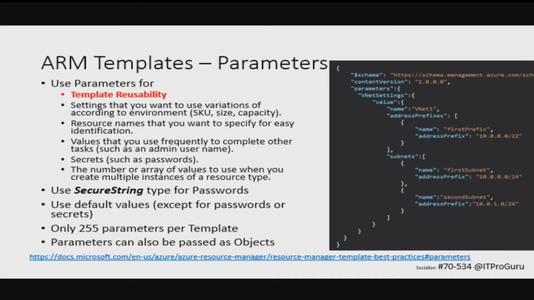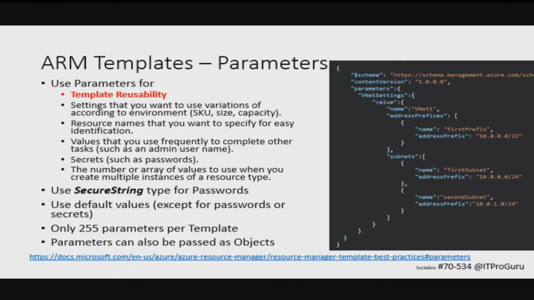So parameters are important for reusability, right? And that's going to be on the exam, which is, we're going to author an ARM template, and you want it to be reusable. You want to be able to let your developers create a new environment, or you have a new customer you sign up, you want to create a new environment for them. But you want to make sure that the usernames, passwords are different, or a smaller customer gets a smaller size VM, larger customer gets many more VMs than other customers, right?